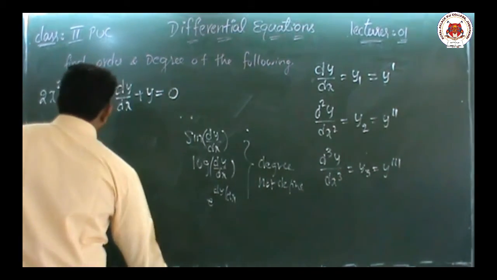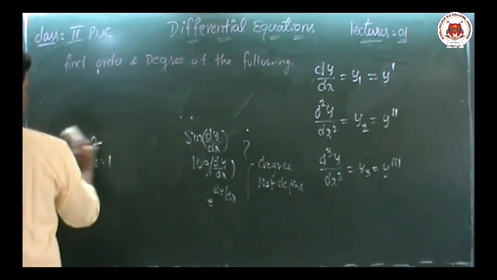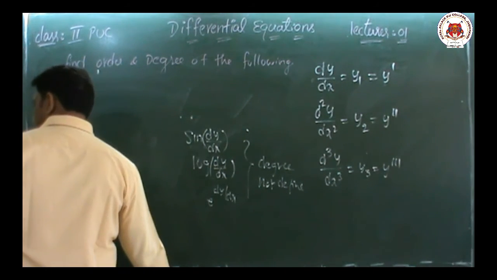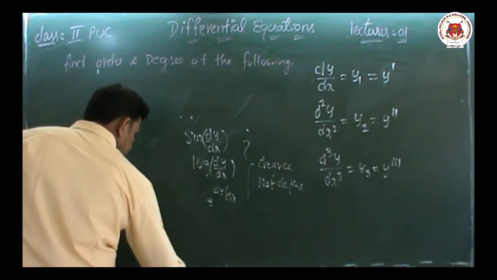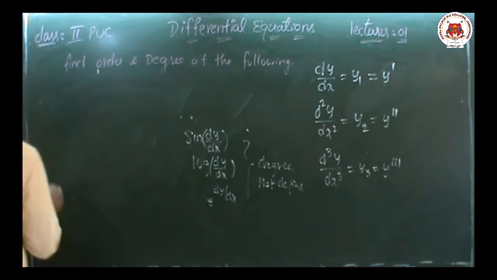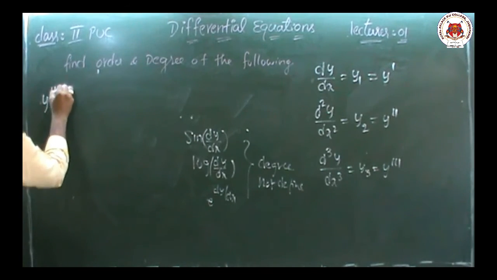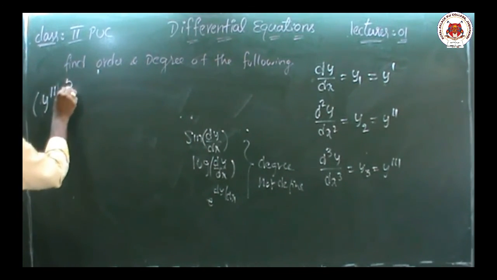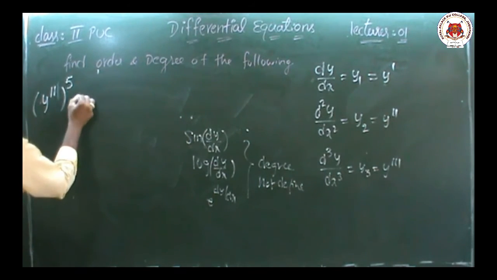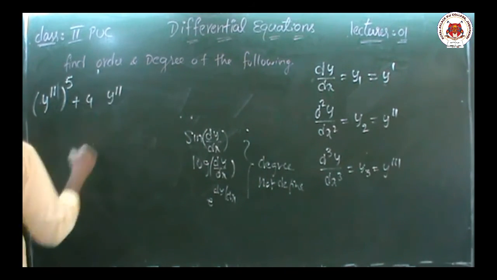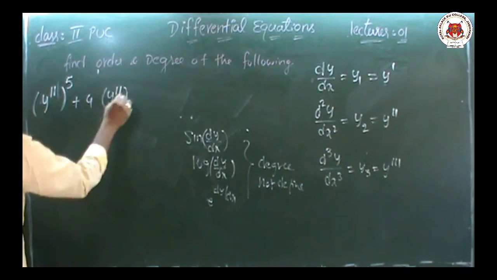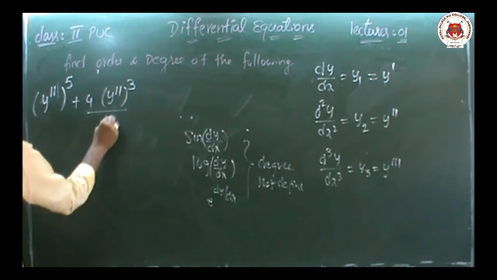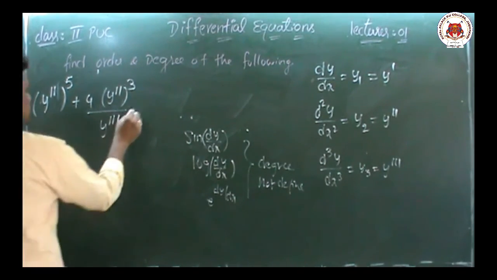This way you will find the order and degree. Now, in the same way, let us take one more question in this model. The question is (y double dash) whole to the power of 5 plus 4 into (y double dash) whole cube by y triple dash plus y triple dash is equal to sin x.